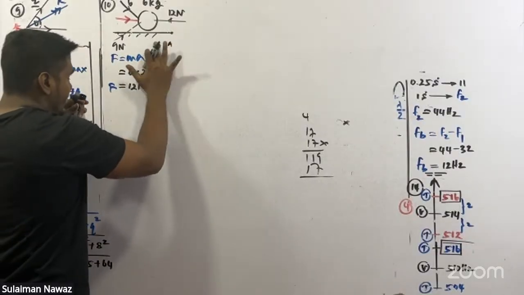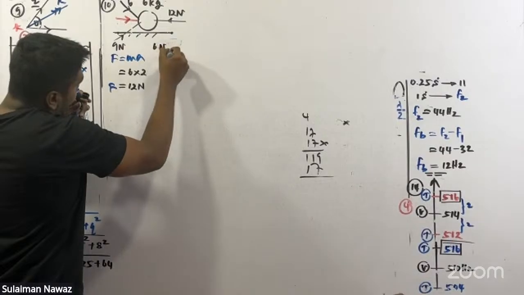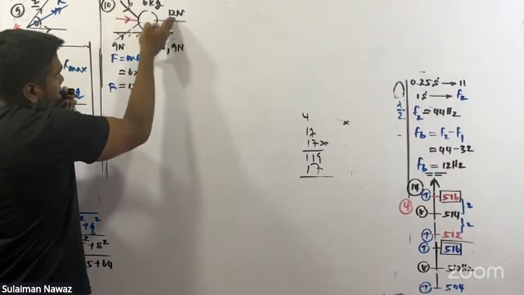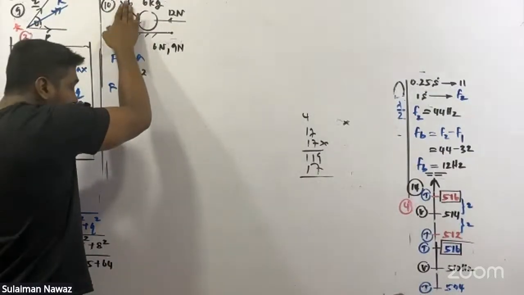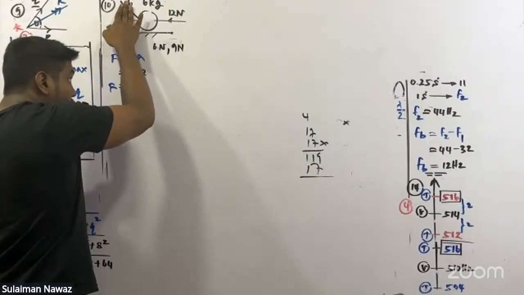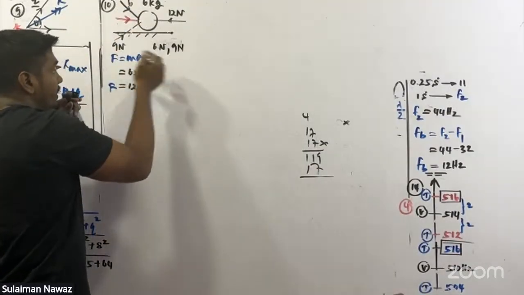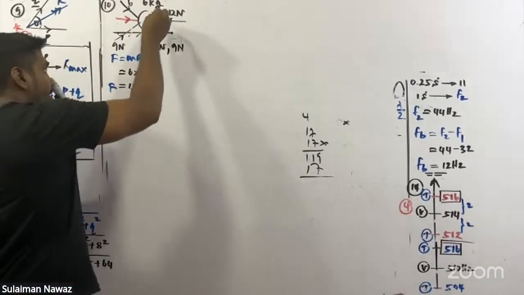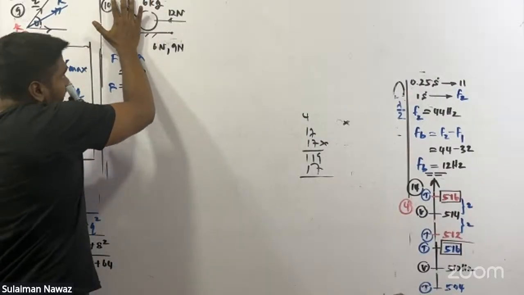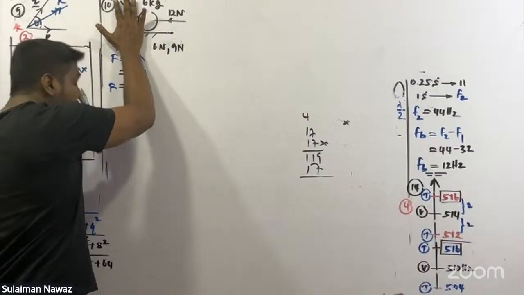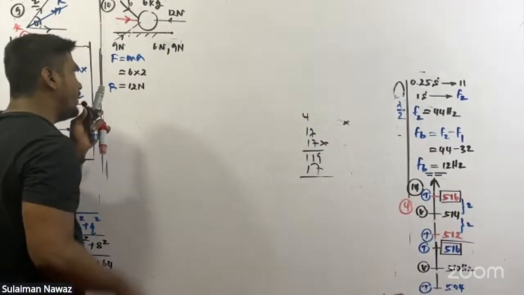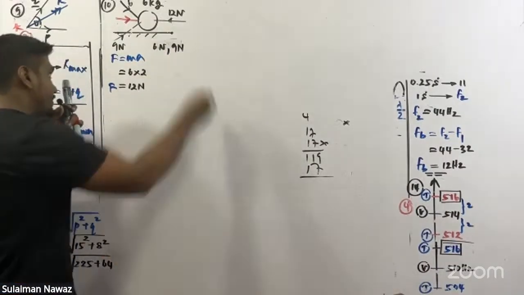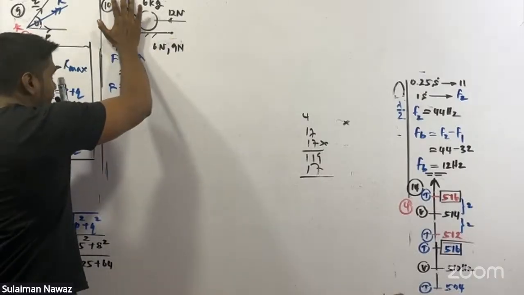If I remove 6 Newton and 9 Newton, then in my system there is only 12 Newton, and that is the resultant. There is only 12 Newton force acting on the 6 kilogram mass, therefore the result is 12. That person removed 6 Newton and 9 Newton, then the result is 12 Newton.